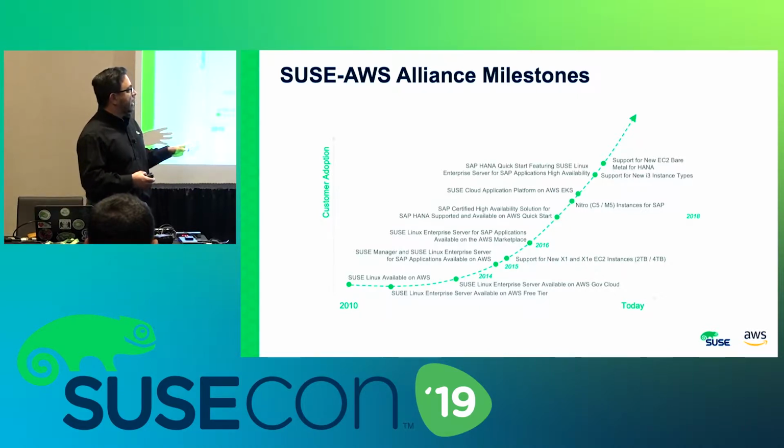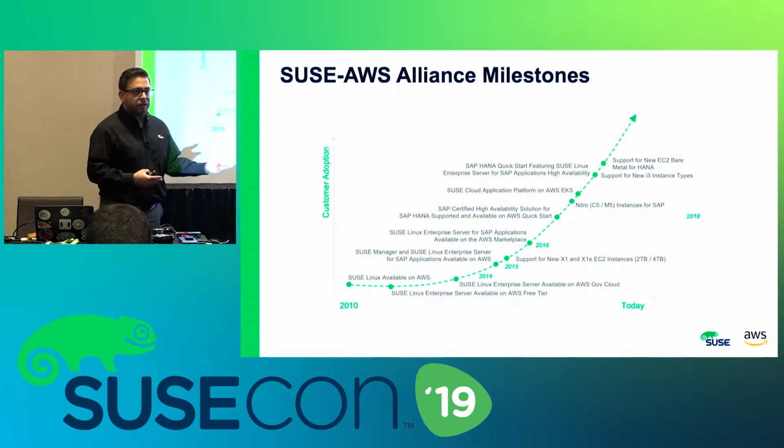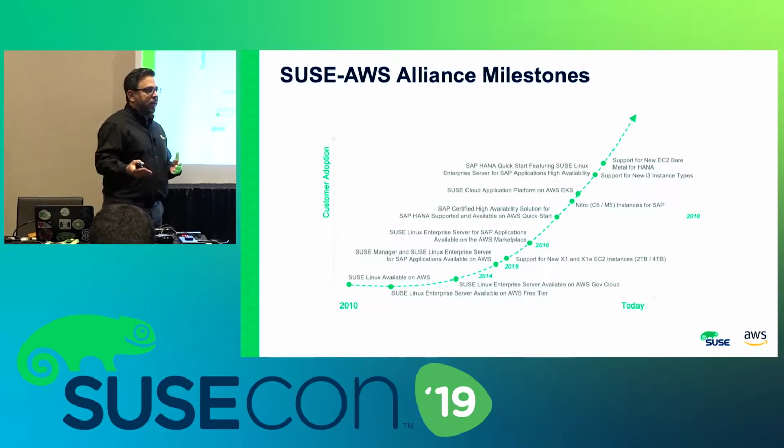And if you look at 2018, we've had some pretty cool initiatives. There's been a lot of introduction of new instance types in AWS, and of course, SUSE is able to run on those platforms. We also have the SAP HANA Quick Start features. Quick Starts are a way to programmatically deploy workloads into AWS and run them in a best practice fashion, right?